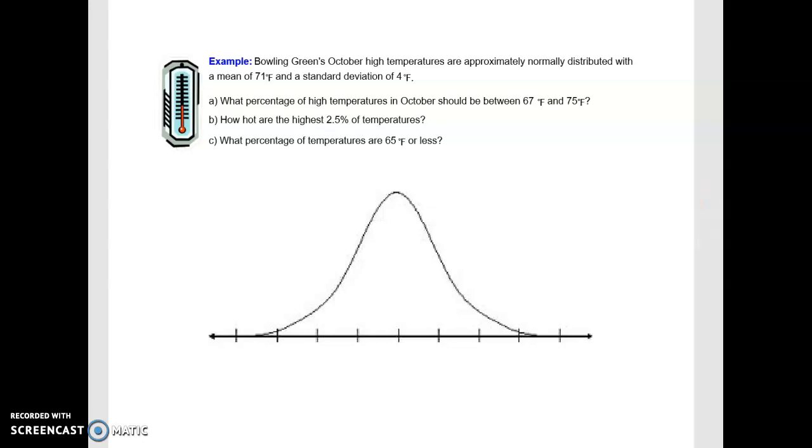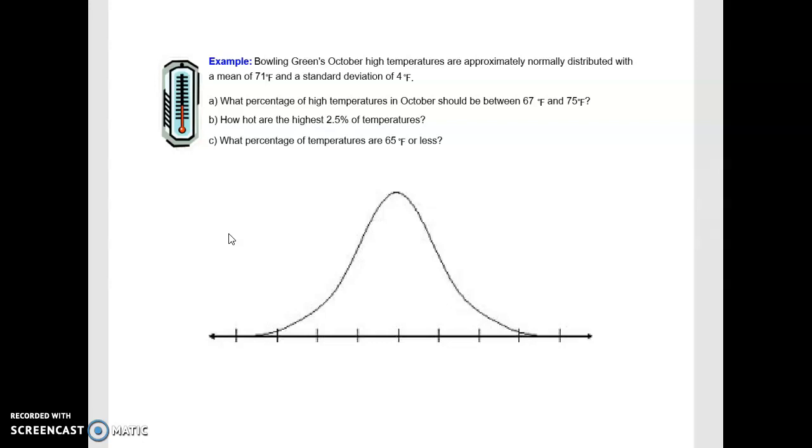So the first thing that we're going to talk about today is what is a z-score, and this is a little bit of review from, I believe it's chapter 4. You'll have to bear with me here because I'm not very good with this new tablet.